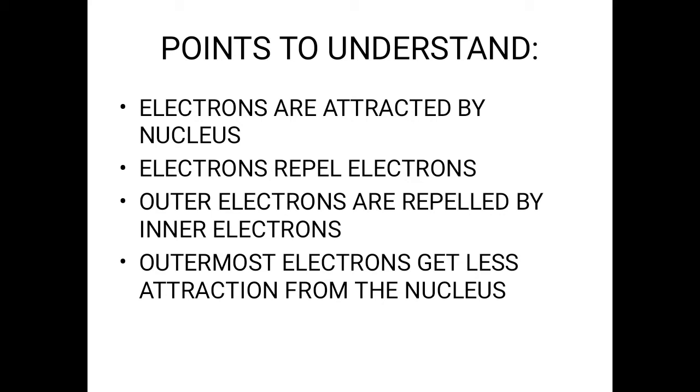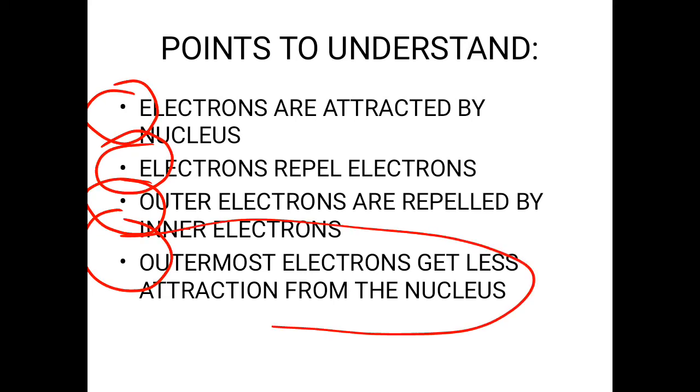Now there are a few points which need to be cleared. We know that electrons are attracted by the nucleus and electrons repel electrons because they have the same charge, and outer electrons are repelled by the inner electrons, and as a result, outermost electrons get less attraction from the nucleus.